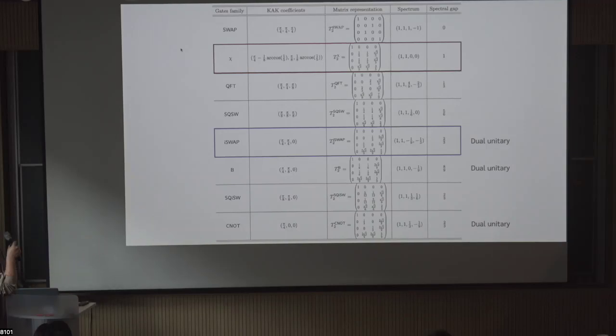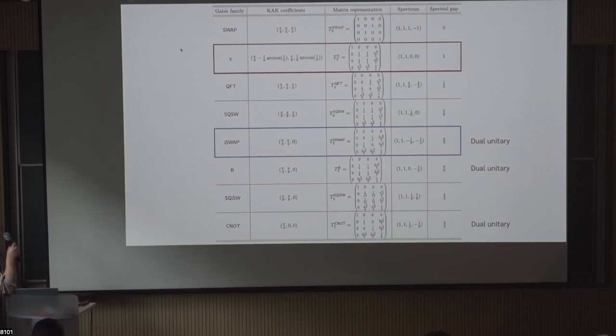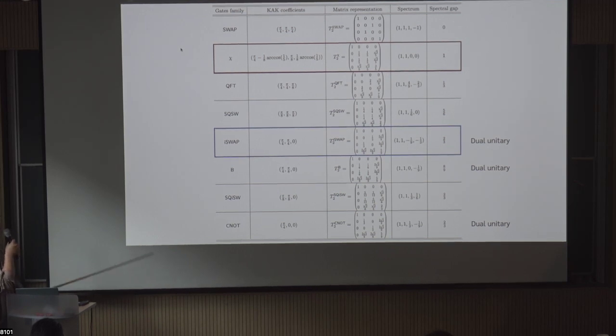But the special thing is that other than the two ones that we have to match to the spectrum of the Haar measure, all other eigenvalues are negative. This is a very special thing that will show its power later. And maybe more familiar to physicists, a special property of the iSWAP gate is that it is a so-called dual unitary gate. B and CNOT are also dual unitary gates. Let me leave it here, and later we'll comment on that again.